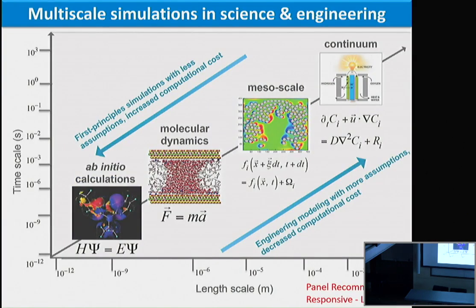So we submitted this proposal for multi-scale simulation in science and engineering. All those pictures are from the actual work of people who participated in the proposal. The main thing was that we would build a single software package which would be interfaced in such a way that somebody who wants to work on, say, batteries can actually start from quantum mechanics and get some information.